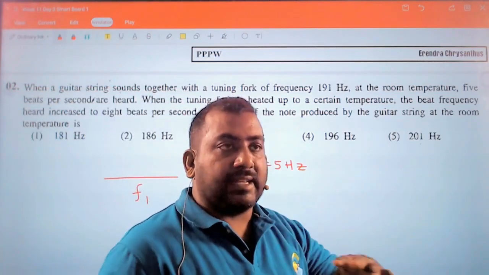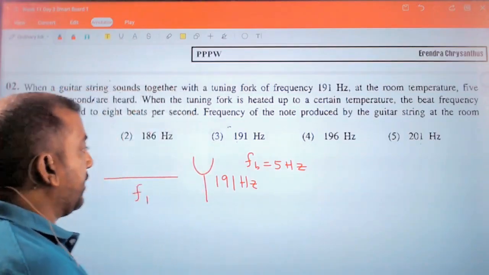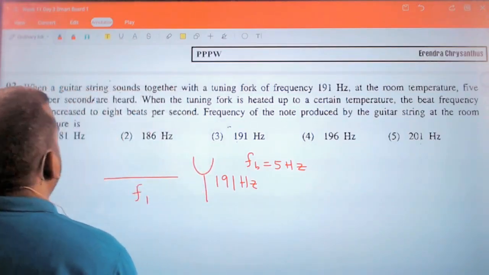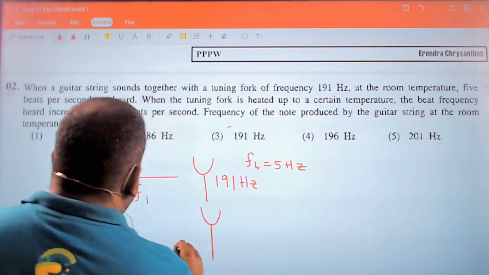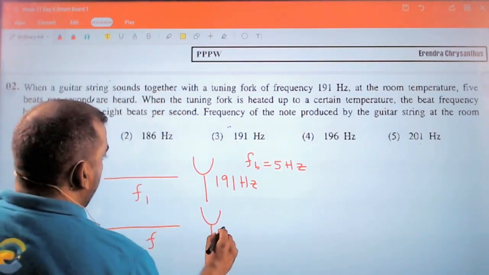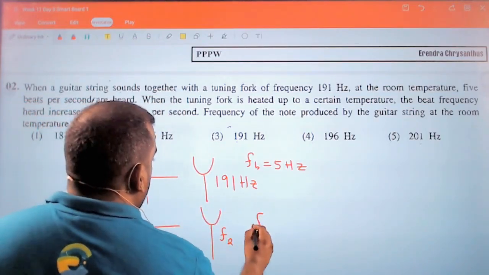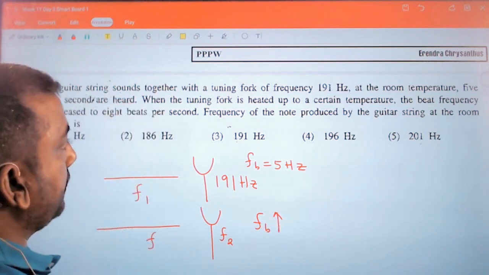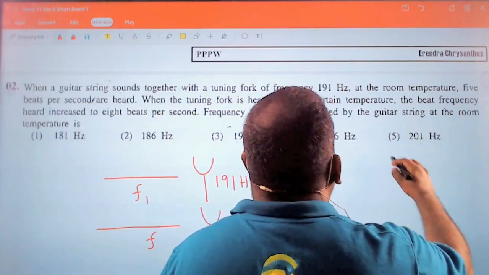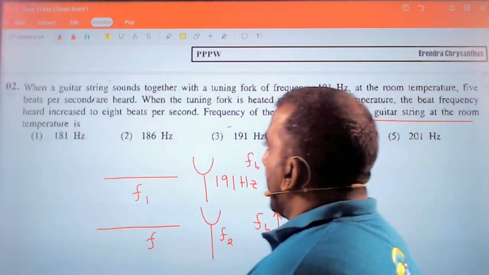The length will increase, and as length increases, frequency will drop. The beat frequency increases to 8 beats per second. The frequency of the note produced by the guitar string at room temperature is?